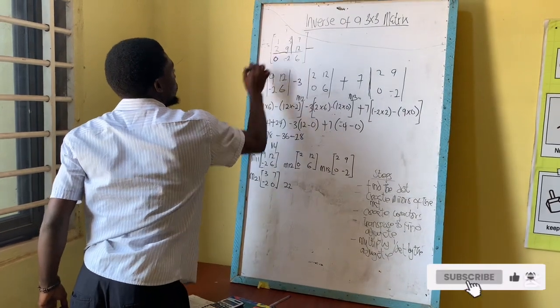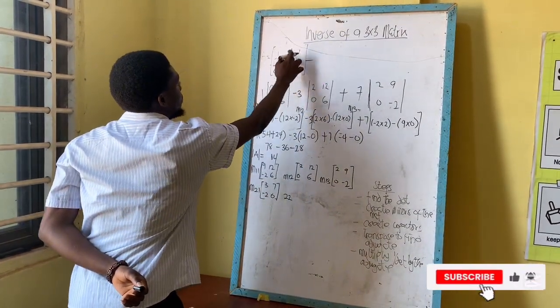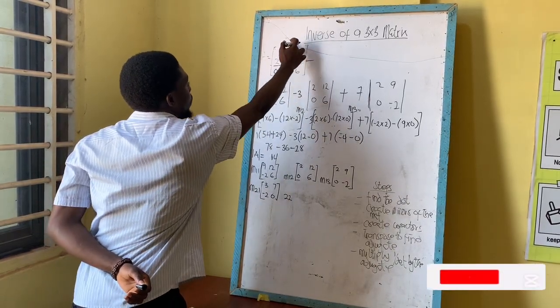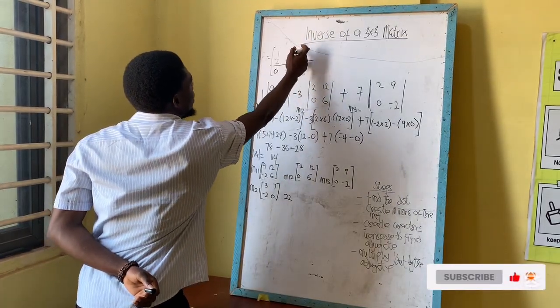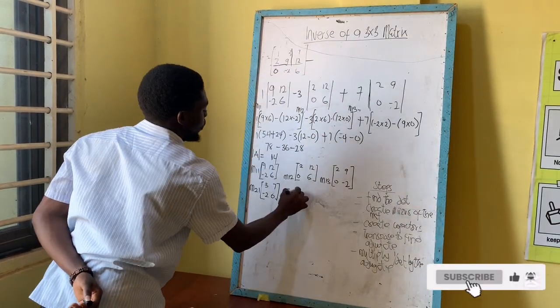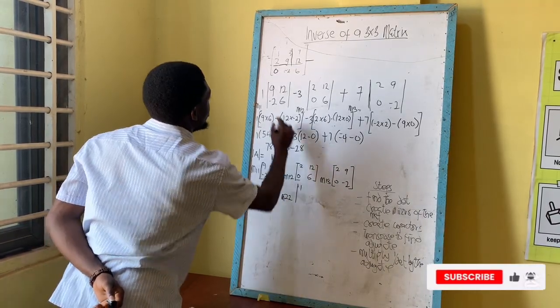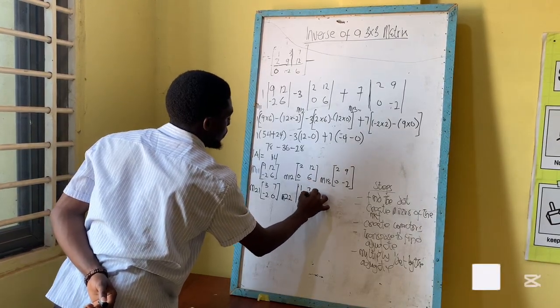Sorry, 9, 7, 0, 6. So we have second row and second column. So we have 1, 7, 0, 6. Sorry, minor 2,2. We have 1, 7, 0, 6.